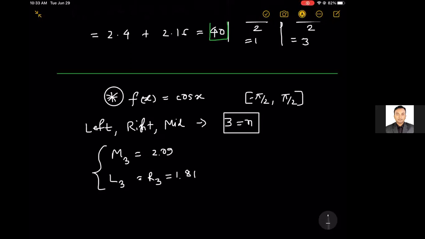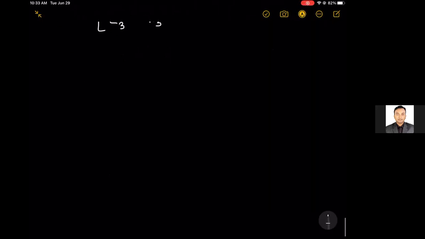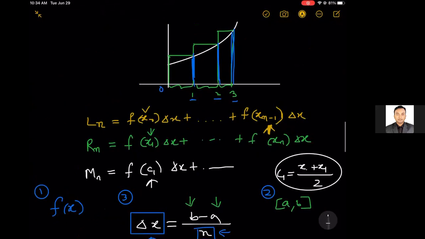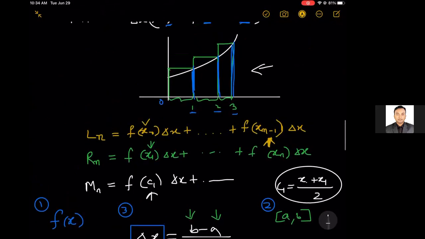Okay, so now why did I say that the integration gives us the area? Let me show you the graphical representation. In the Riemann sum, we have drawn rectangles like this and approximated the area, right?